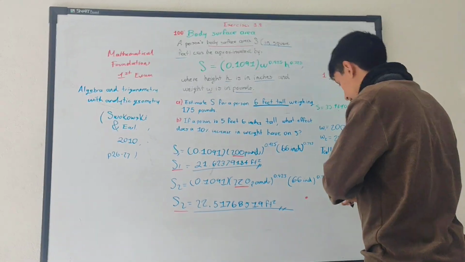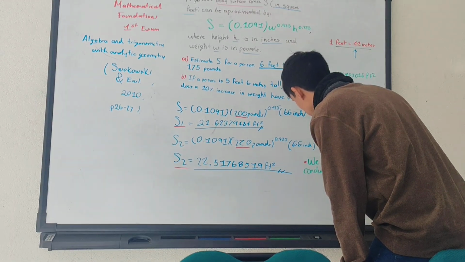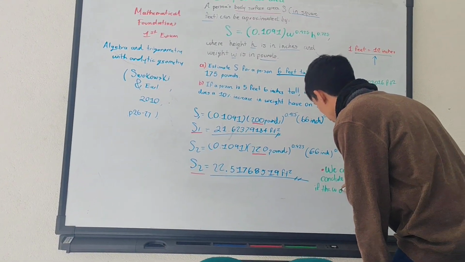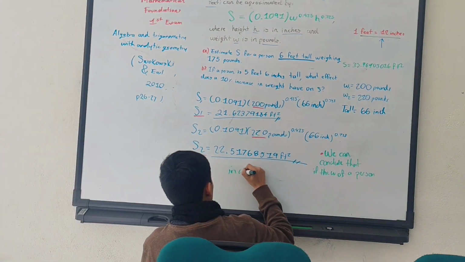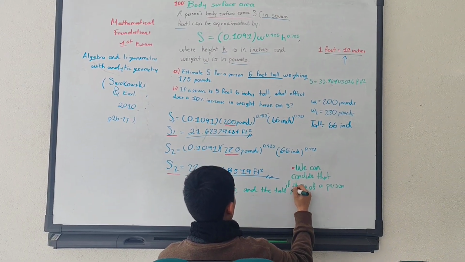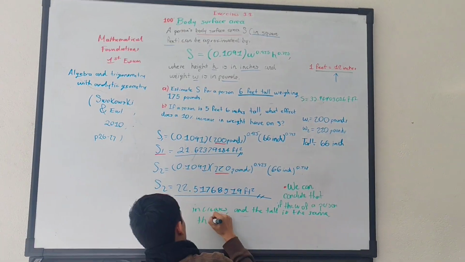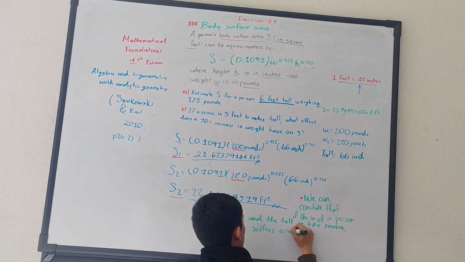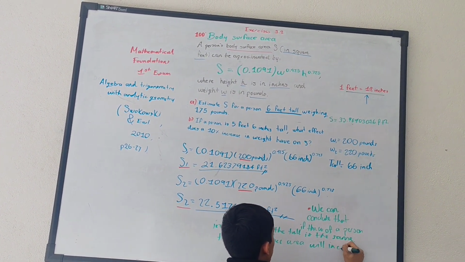That we can conclude that if the W of a person increases and the height is the same, the body surface area will increase.